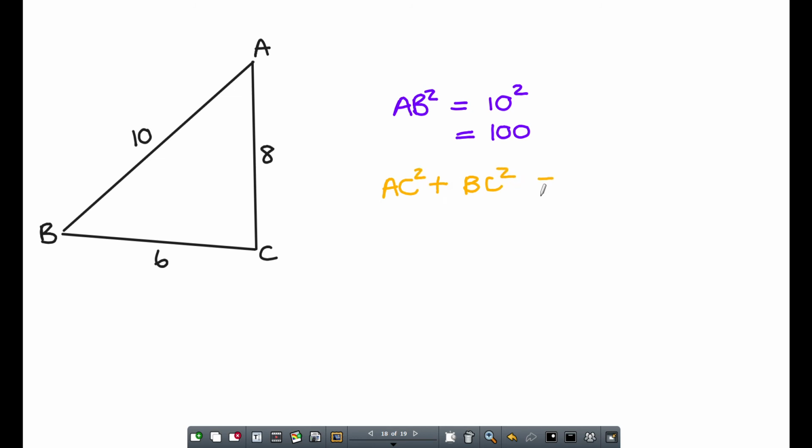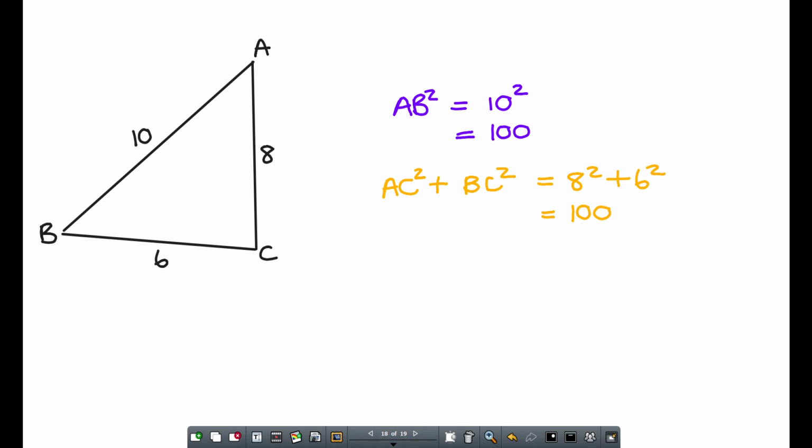So that would be 8 squared plus 6 squared. How much is 8 squared plus 6 squared? That gives me 100. Can you see that I got 100 at step 1 and 100 at step 2?